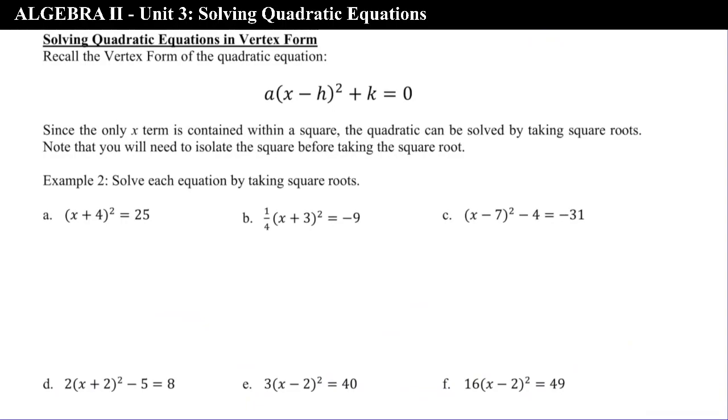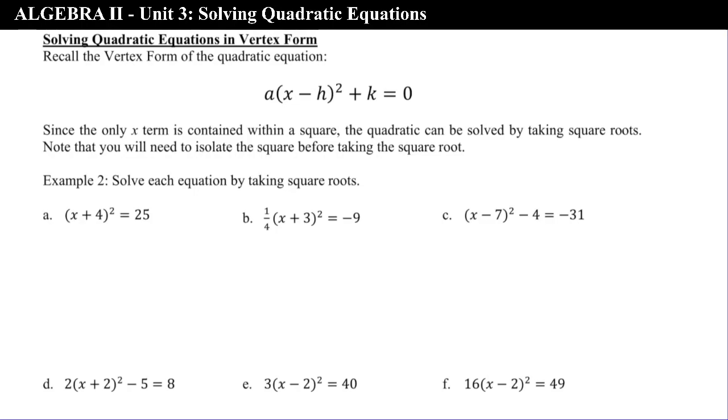So the other form where you can actually solve an equation by taking a square root is if it's in vertex form, because recall the vertex form. You've got a times the quantity x minus h, quantity squared, plus k equals 0. Well, you'll notice that you only have one x in here, and that x is within something that's squared.